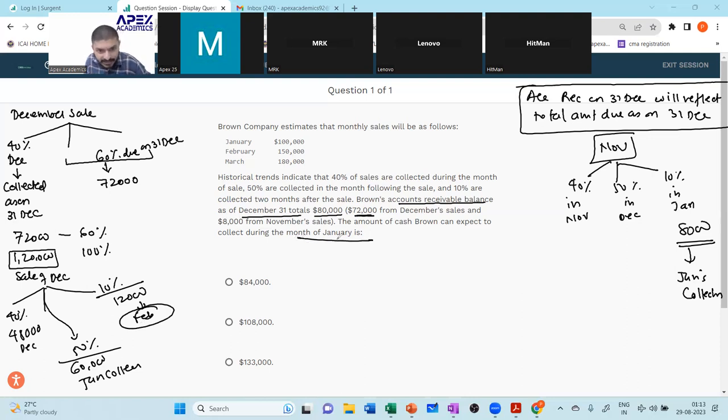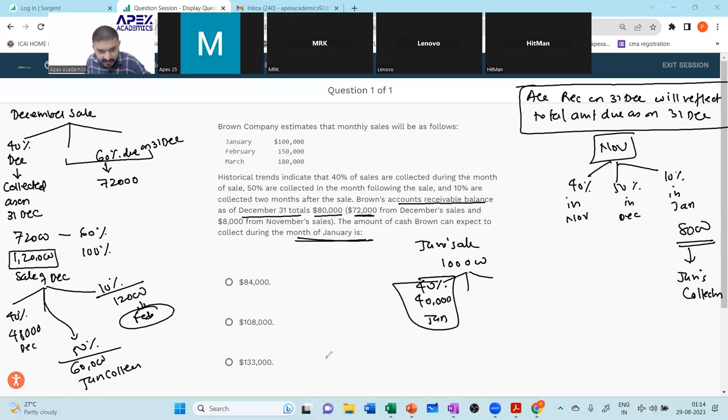They are asking you how much is collected in January. So first of all, January's sale itself, one lakh, 40% of that, which is 40,000, will come in Jan.